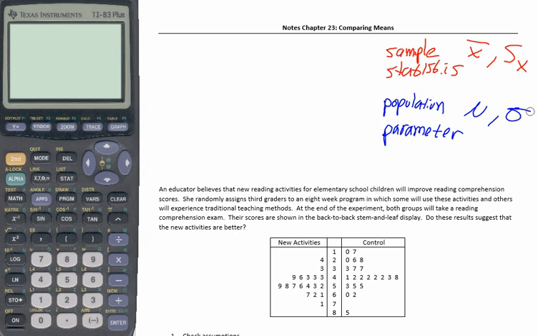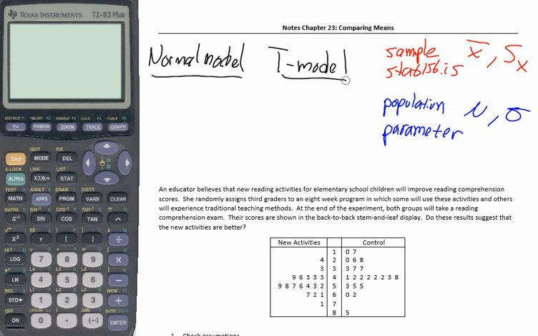What we talked about in the last chapter was how we use the T model as compared to the normal model. We would like to use the normal model if we actually know the true population parameters.